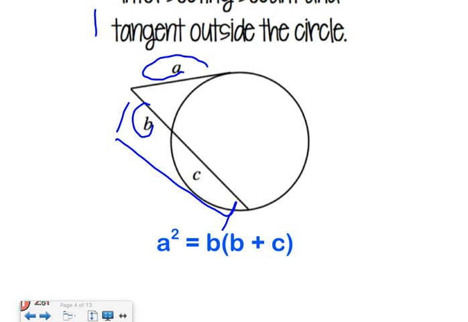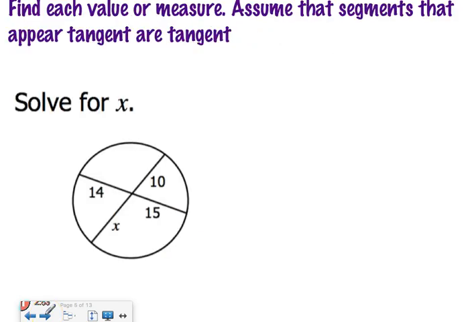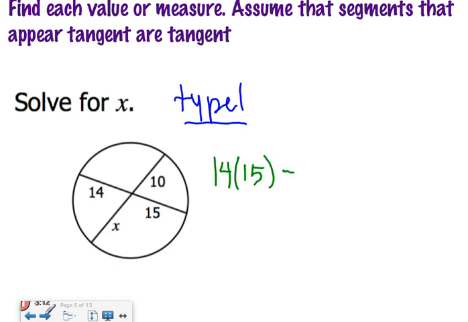Okay, let's try one. So let's first decide: type 1, 2, or 3. Type 1. So this is our easy one. So I write type 1. And all we do for this is 14 times 15, set it equal to 10 times x. And now we just solve.